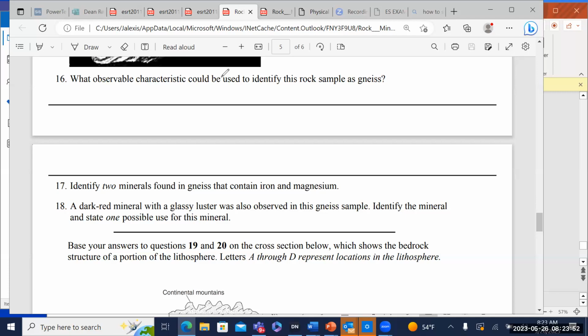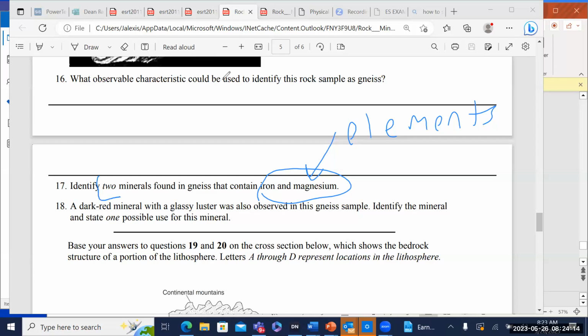What page of the reference tables can I find minerals found in gneiss? Let's start off with this. Let's just find minerals that are found in gneiss. Where can I find them?